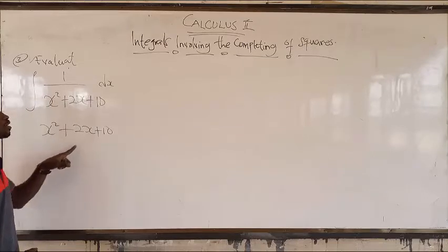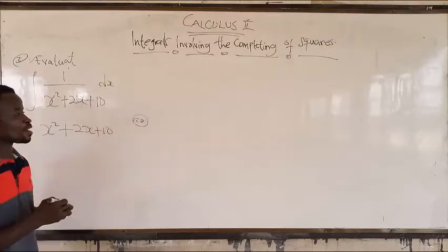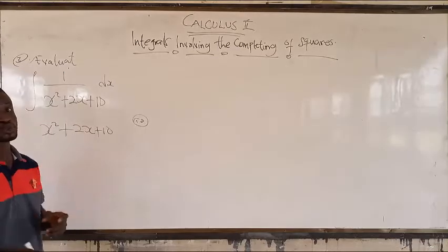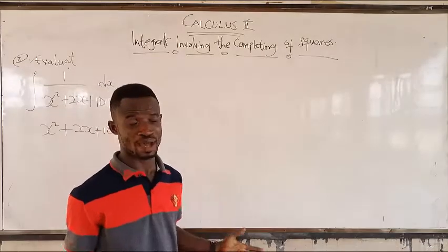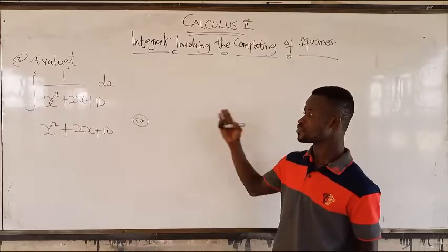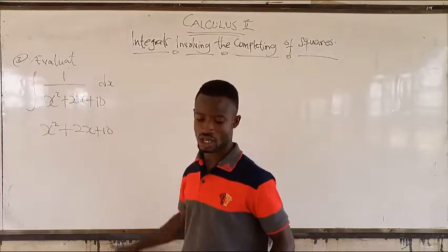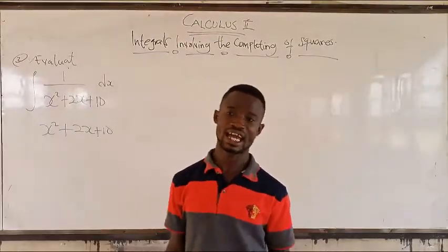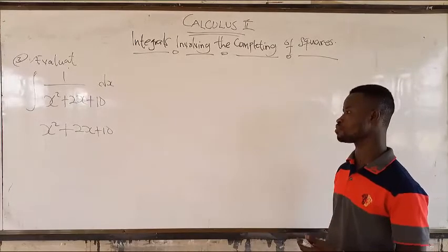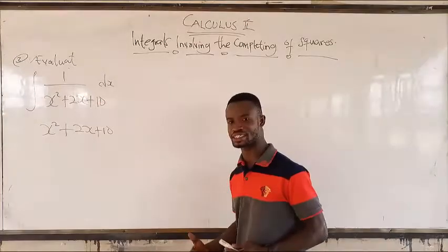We need two numbers that, when you multiply, you get 10, but when you add, you get plus 2. No number. There is no number. And if there is no number, that means that this can never be solved by factorization. If factorization works, then integration by partial decomposition will help you. But here, factorization is not working, so we go by completing the squares.